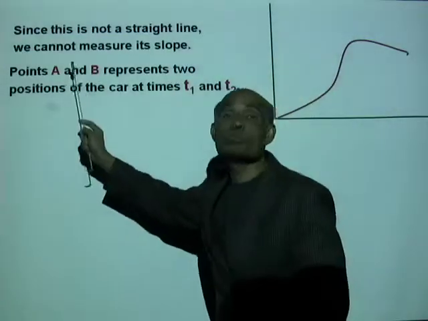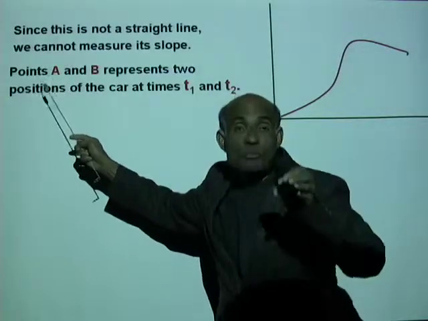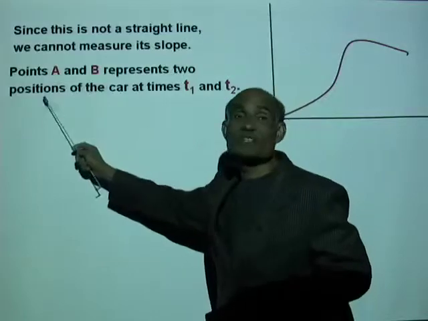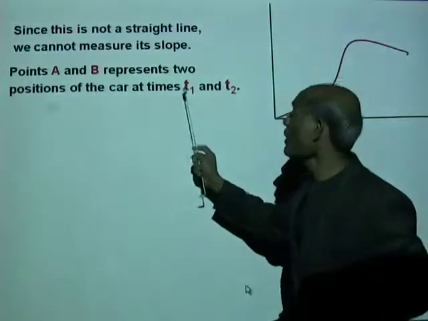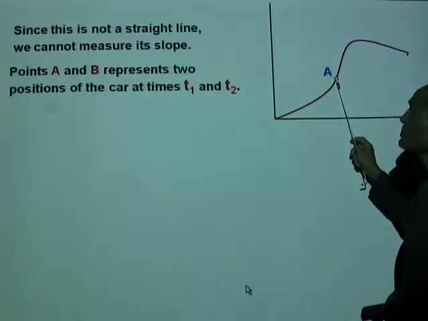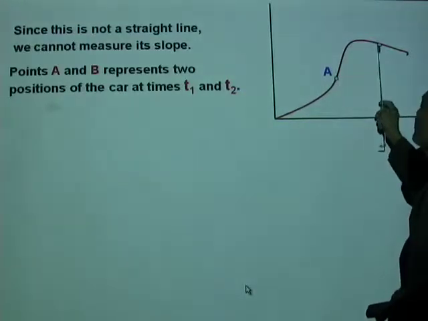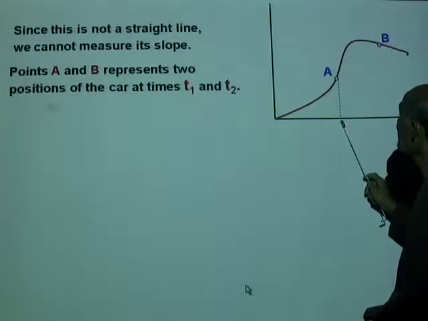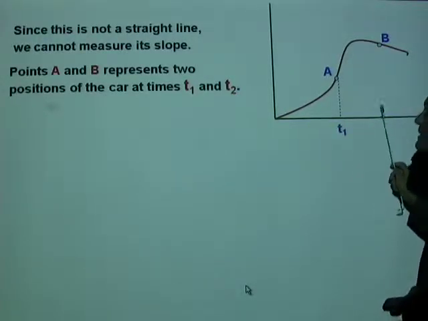So let's take 2 points, 2 positions of the car. So points A and B represent 2 positions of the car at times t1 and t2. This is position A, and this is position B. And position A corresponds to time t1.